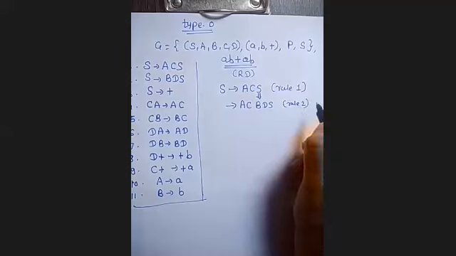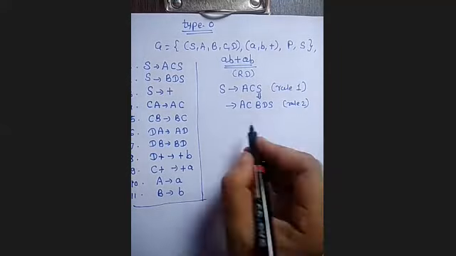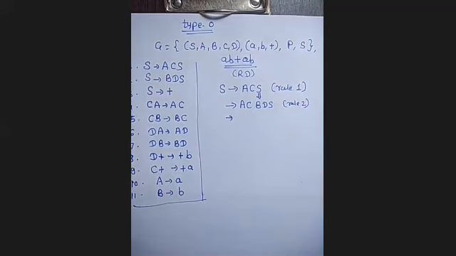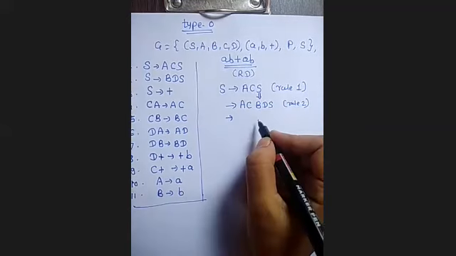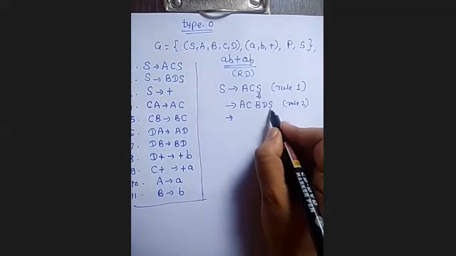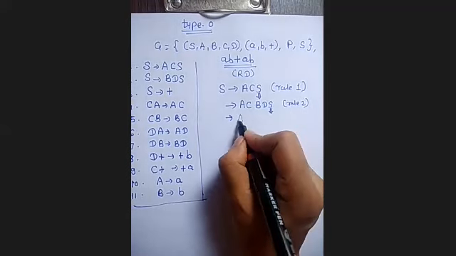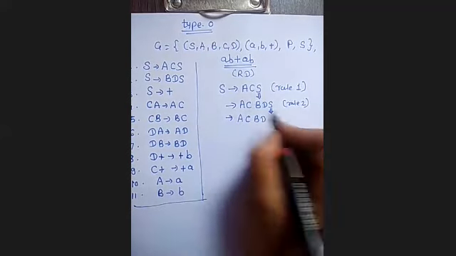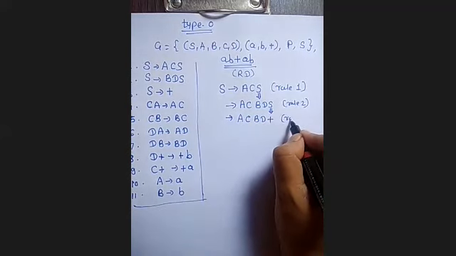Next step, can anybody guess which rule now should apply? The string to be generated is AB plus AB. So let me apply rule number 3 for this, and check whether we are getting the string. ACBD, S derives plus, rule number 3.